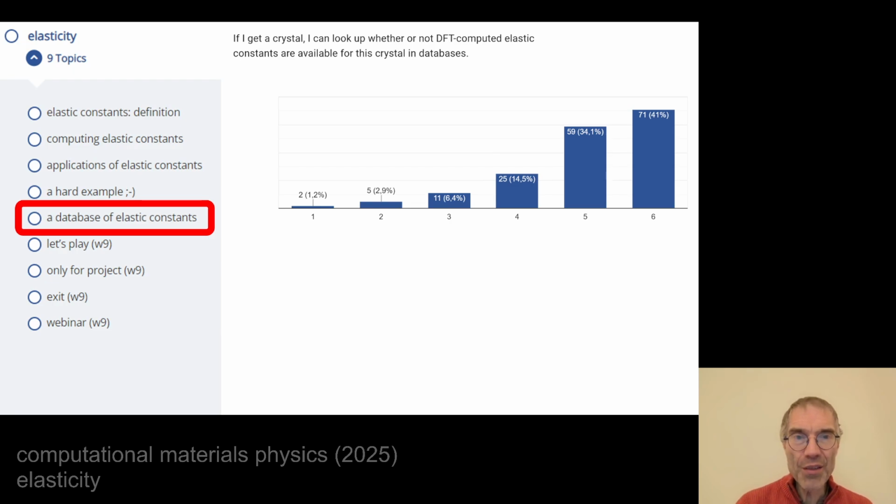Elastic constants is a nice example of a property that is nowadays so much easier to calculate than to measure. If you would look at all the crystals for which measurements of the full elastic tensor are available, that would be just a few hundred of them, because this is experimentally quite involved. If you look in databases for computed elastic constants, on the other hand, you will find tens of thousands of crystals where this has been done.